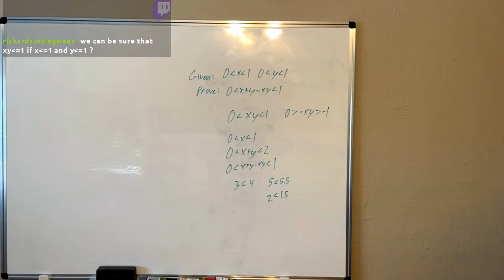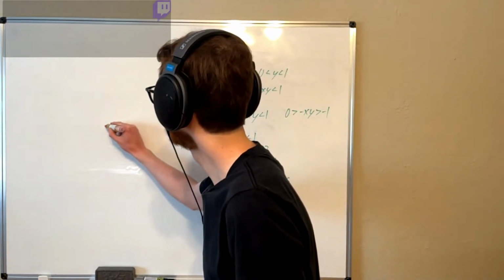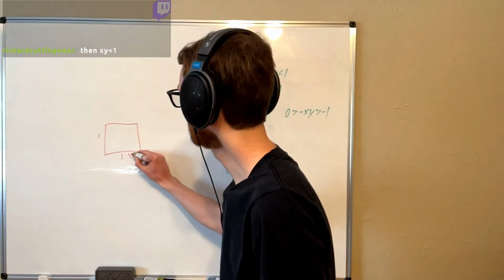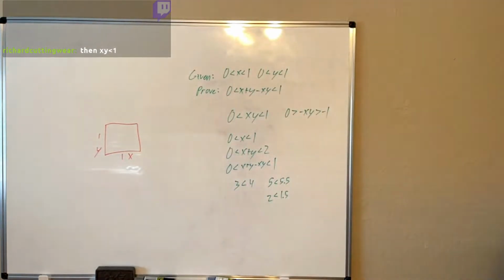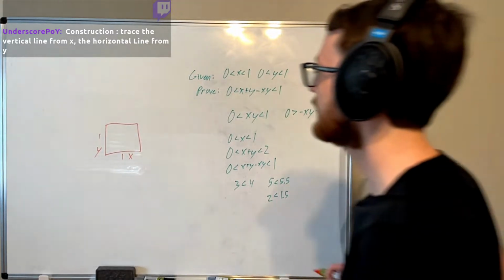So you want a square of side length 1. X on the bottom horizontal side. Trace the vertical line from X to the horizontal line from Y. Oh, okay.